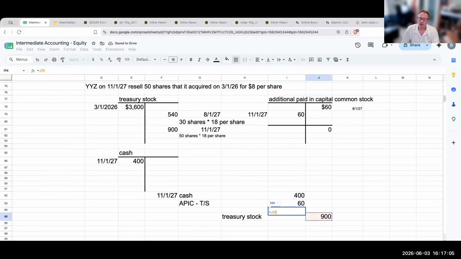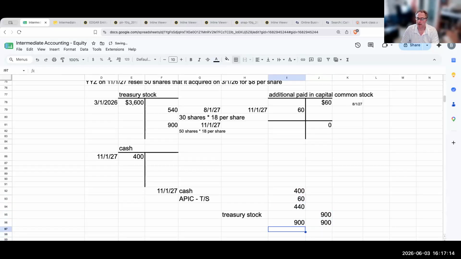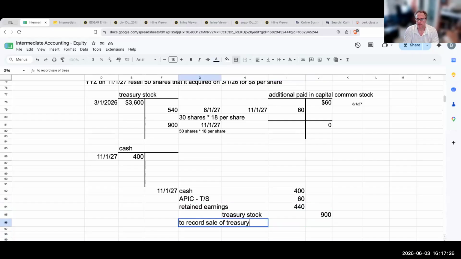Now, what do I need to do to balance? You have a 440 debit, and my inclination is to debit a loss, but we can't do that. So instead, I'm going to debit retained earnings, to record the sale of Treasury stock.